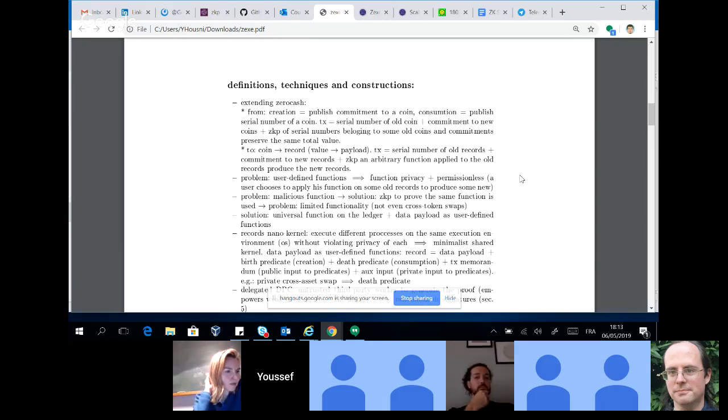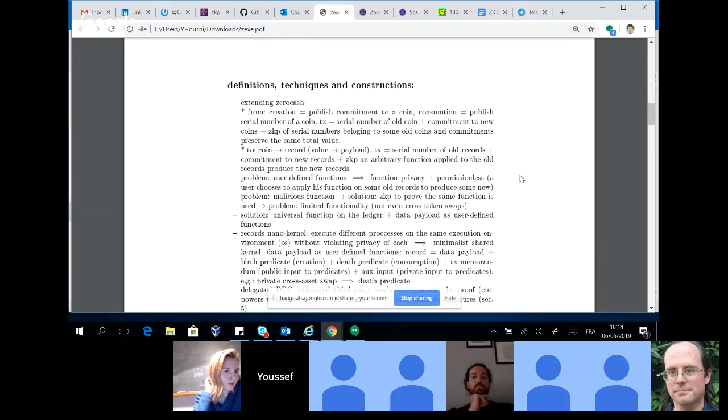So one of the solutions would be to add to the set of zero knowledge proofs a new zero knowledge proof that attests that the same function was used. But this is quite limiting, because in other words, this boils down to the fact that you will apply ZeroCash to every token.